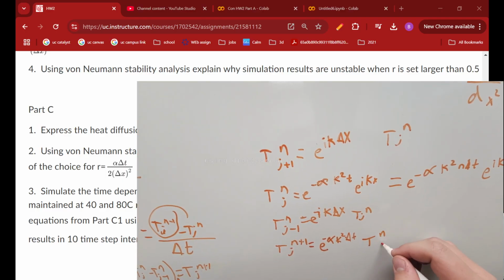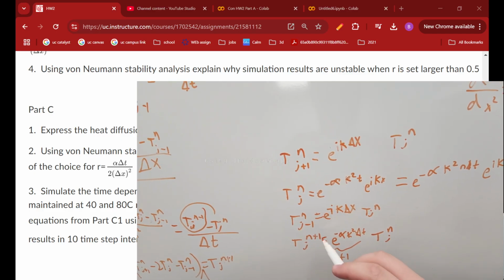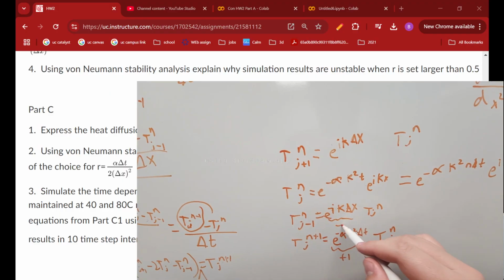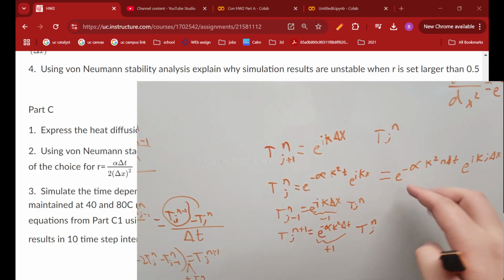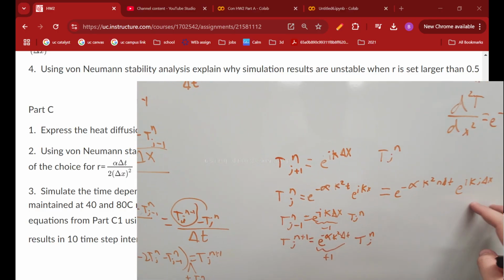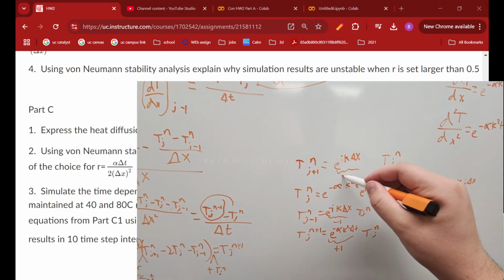And then we can just do t and j. Because this is plus 1, this is minus 1 for the j. Because here we have n and j in terms of each one. That's the original, and then this would be plus 1 for j.